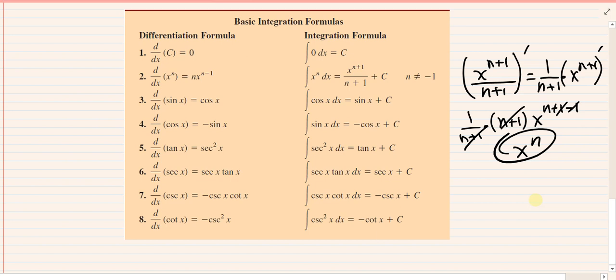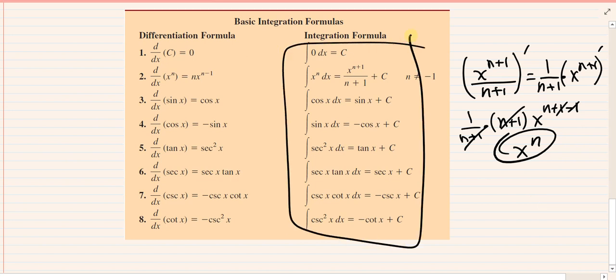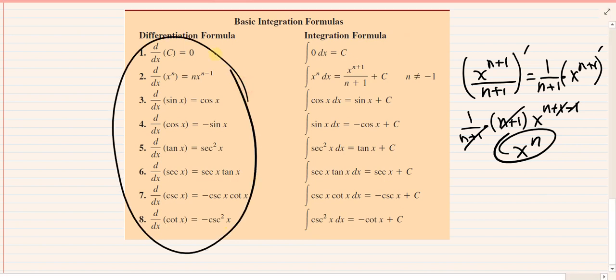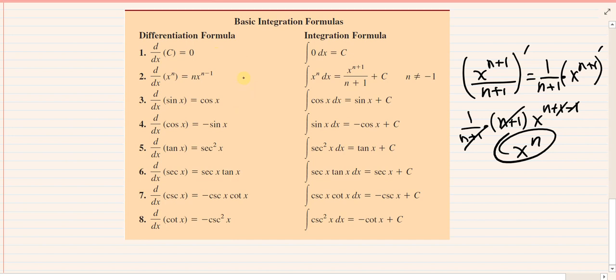However, let me tell you this, some people actually have this memorized. It's a lot easier because you already have these formulas memorized, right? So anytime you want to find the antiderivative, just remember, take the return path. So if you go from tan to secant squared, there you go. So you want to know what is the antiderivative of secant squared?